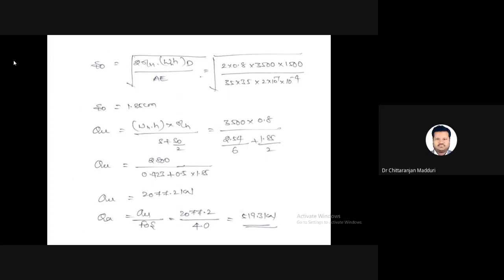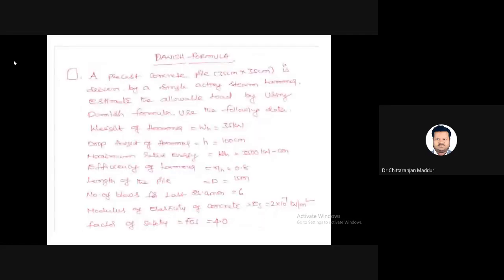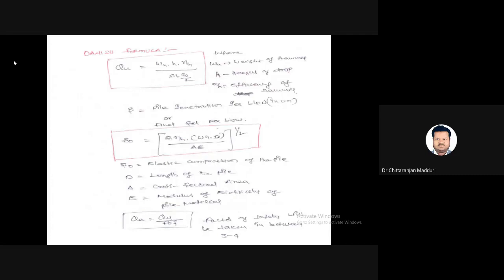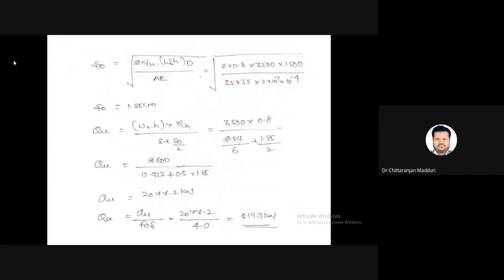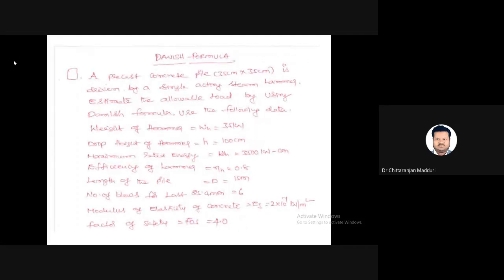So first find S naught. S naught equals elastic compression of the pile. S naught equals square root of 2 into efficiency of hammer 0.8, W H, weight of hammer and height of fall. Sorry, W H is directly given. W into H equals maximum rated energy equal to 3500.